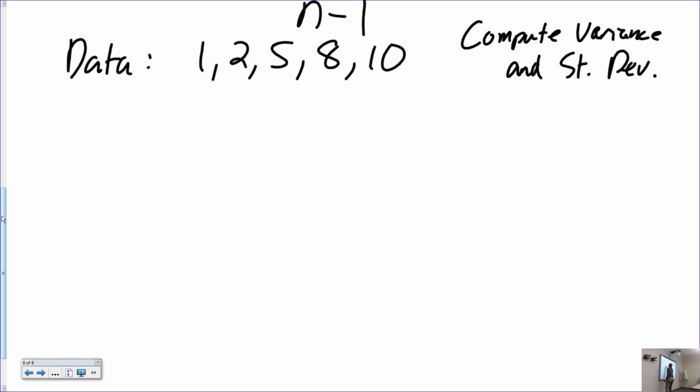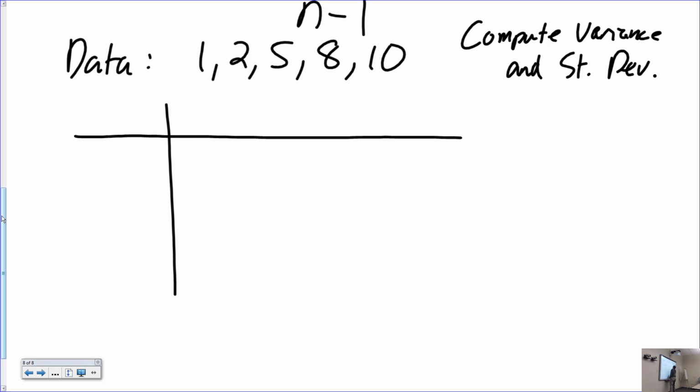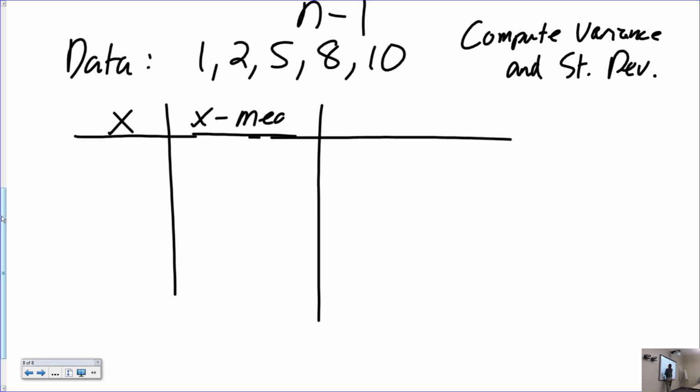So, here's my suggestion for how to do this. Create a table. Have 3 columns in the table. The 3 columns are going to be labeled X, X minus the mean, and then the last column is just X minus the mean squared.